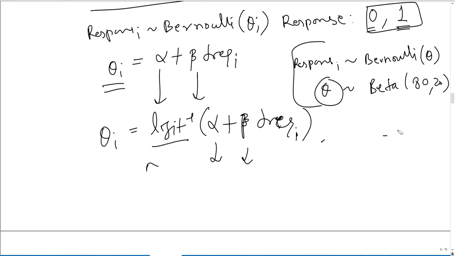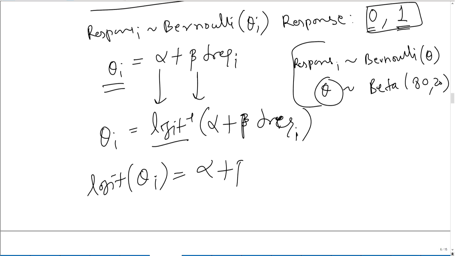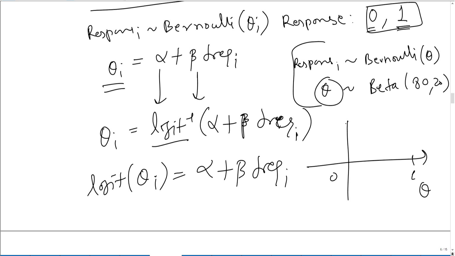Another way to write the same equation is like this. You can write logit of theta i equals alpha plus beta into frequency i, right? So the relationship between theta and logit theta is like this. At 0.5, the value of logit theta is 0.